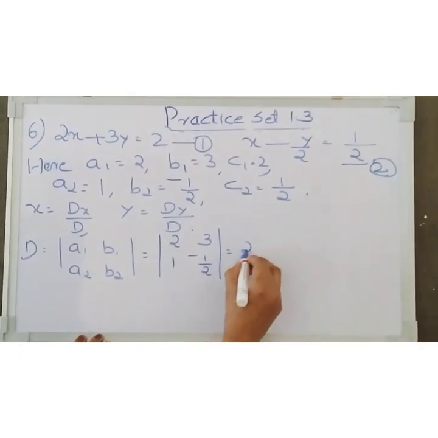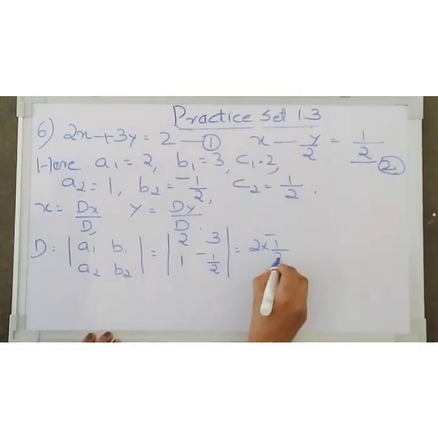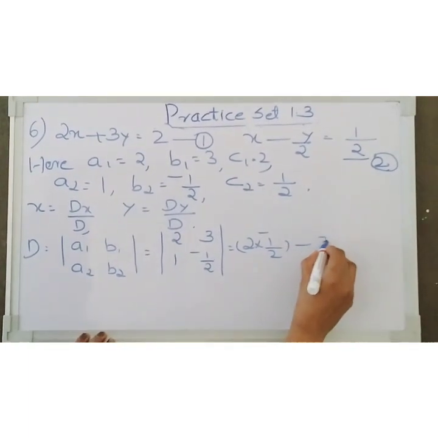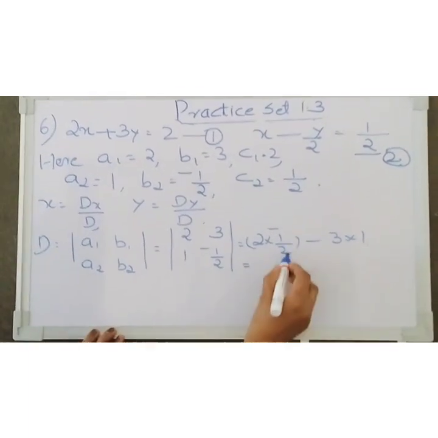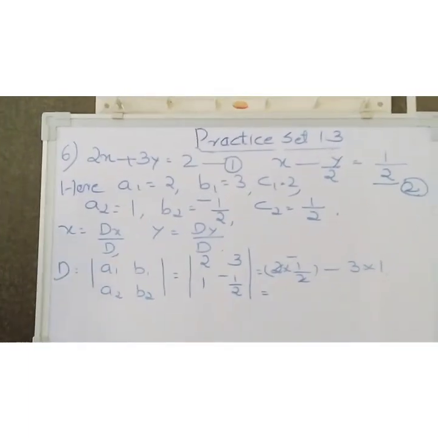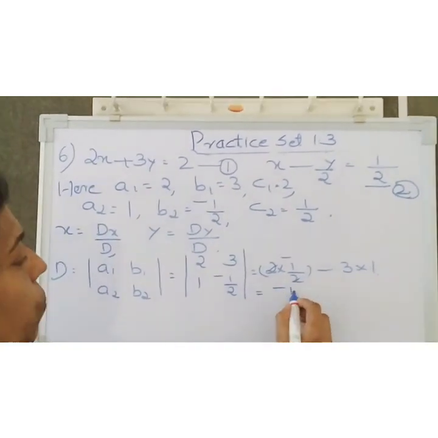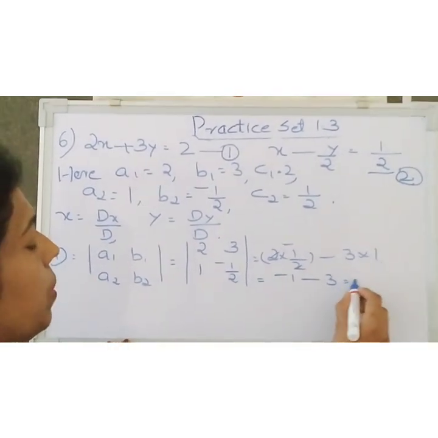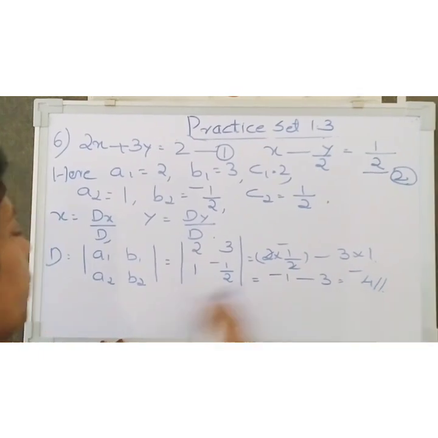This will come 2 into negative 1 upon 2 minus 3 into 1. The 2 and 2 in numerator and denominator are cancelled. So negative 1, negative 3. There is negative 4.